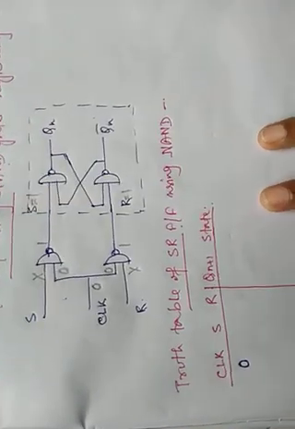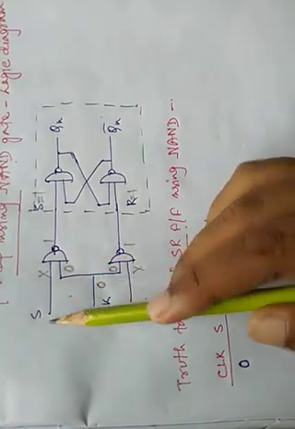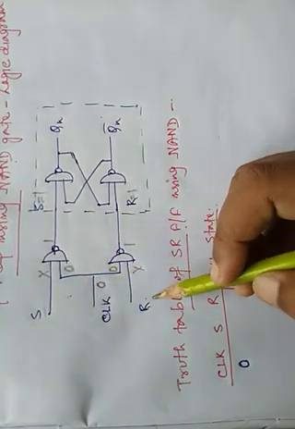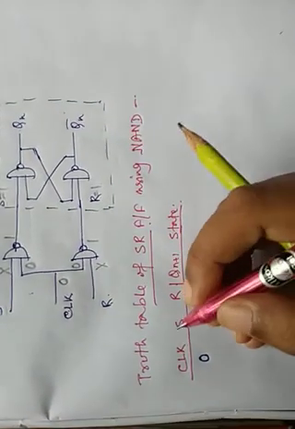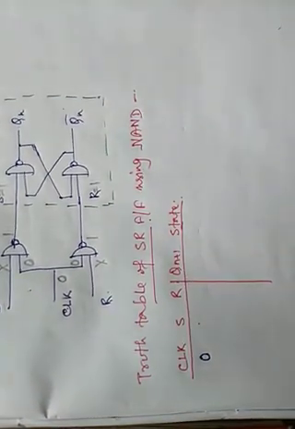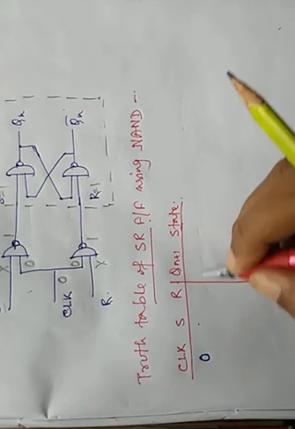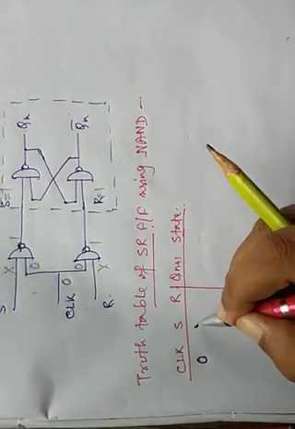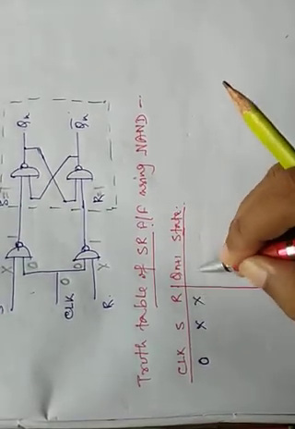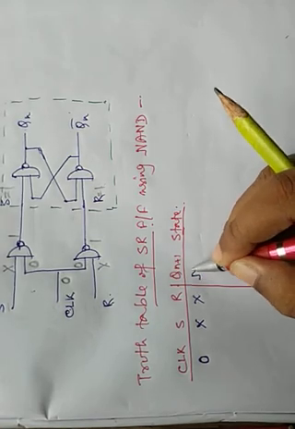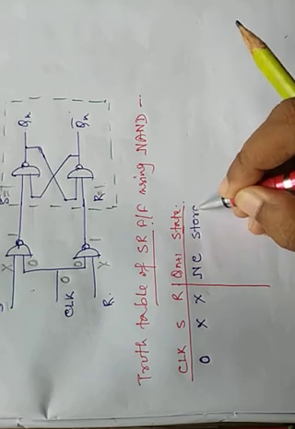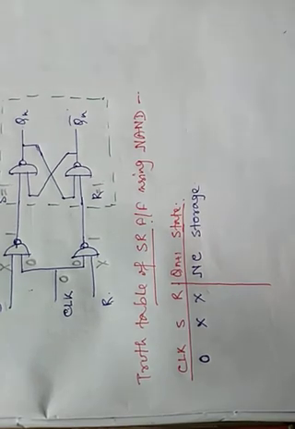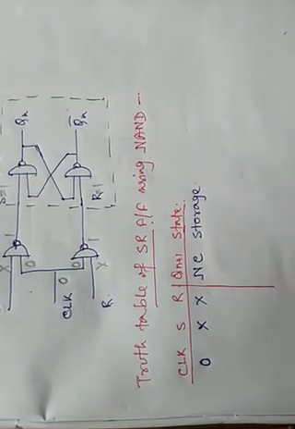That means if the clock is 0, whatever the value of S and R, the output will be no change. So we can write, whatever the value of S and R, the output is no change. That is storage. Clear?